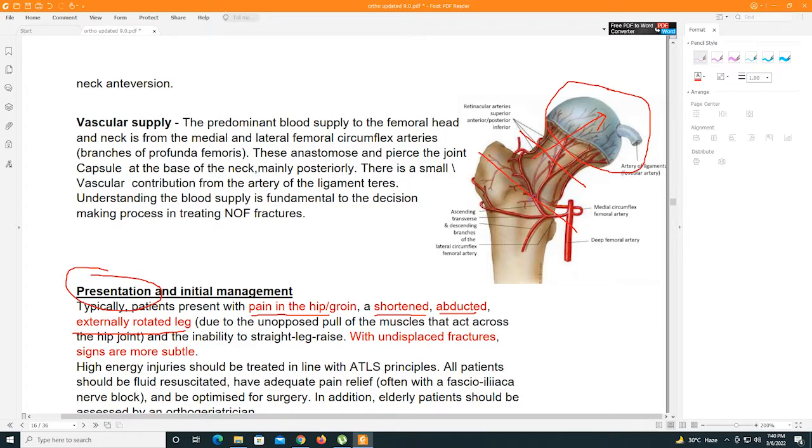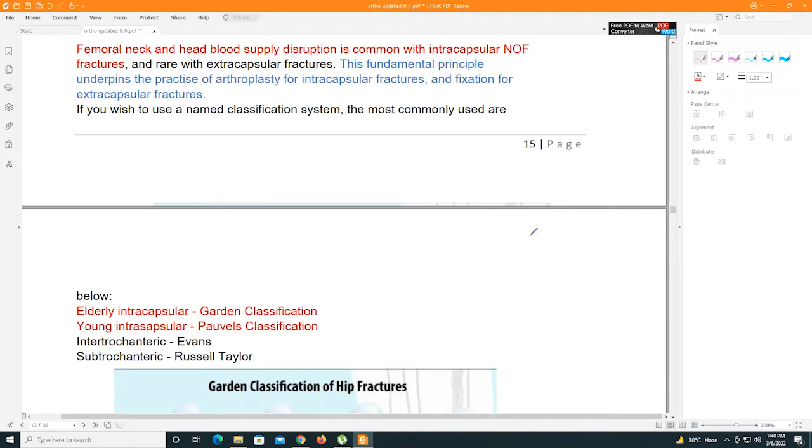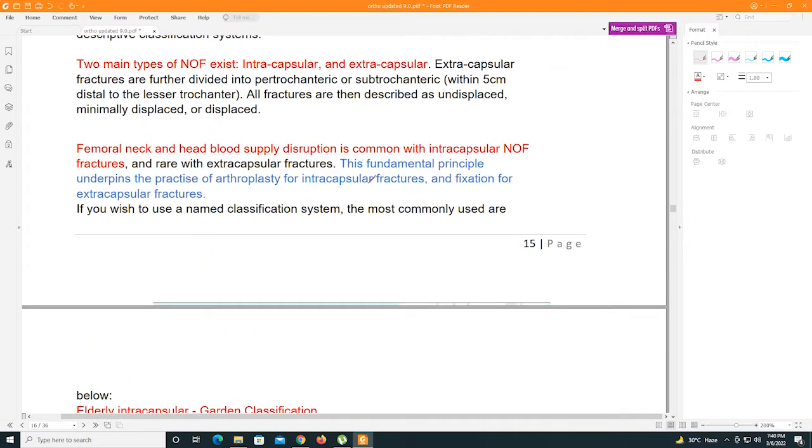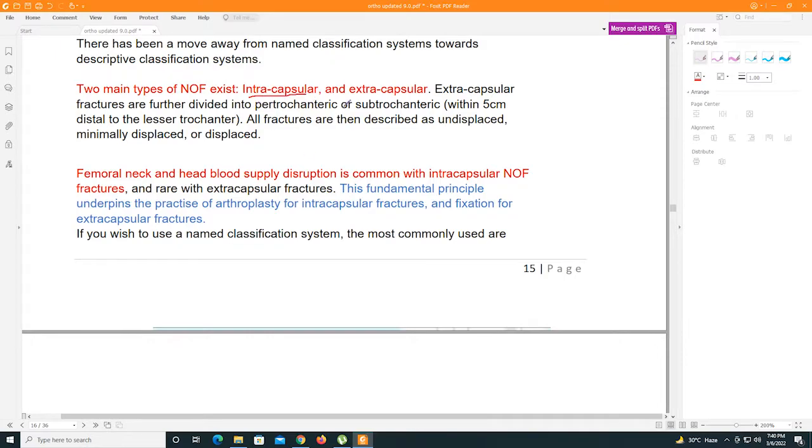If the fracture is intracapsular, it means that the fracture is above this line and you have to worry about the head. If the fracture is extracapsular, it means that the fracture is below this line and you don't have to worry about the head. So the first most important classification is whether the fracture is intracapsular or extracapsular. Got it? Now let's get deep into the intracapsular.